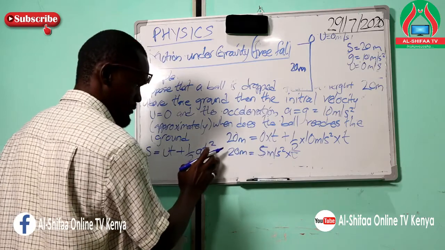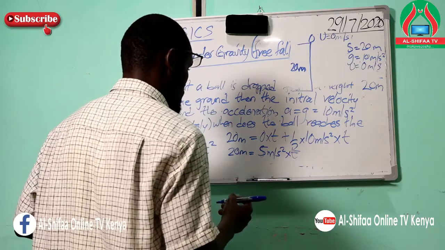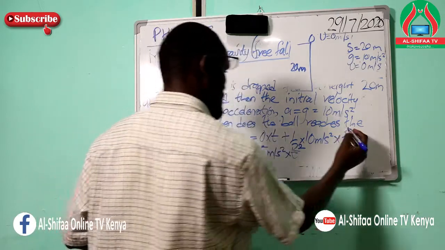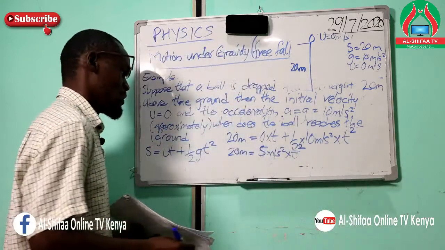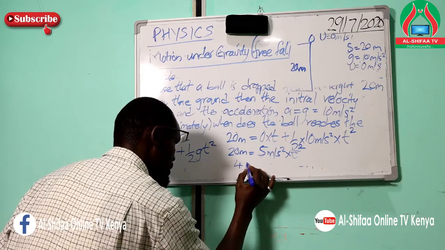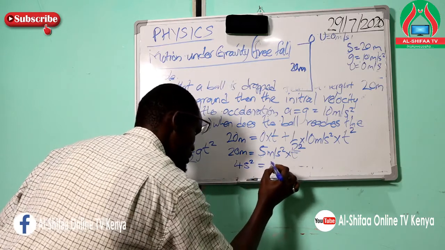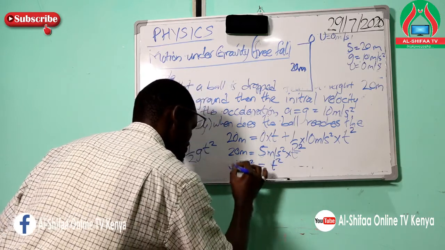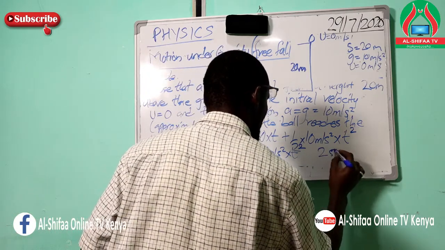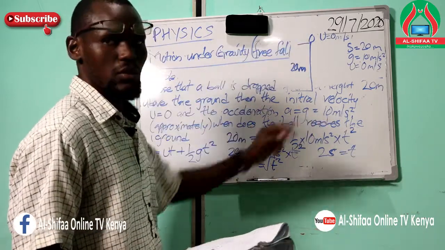When we divide both sides by 5 meters per second squared, we get 4 seconds squared is equal to t squared. When we take the square root, we find that 2 seconds is equivalent to time. So it will take 2 seconds to fall to the ground.